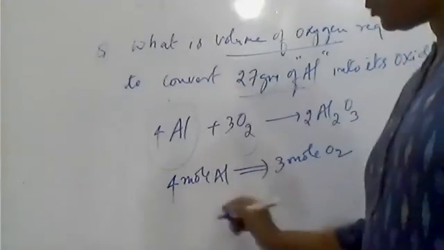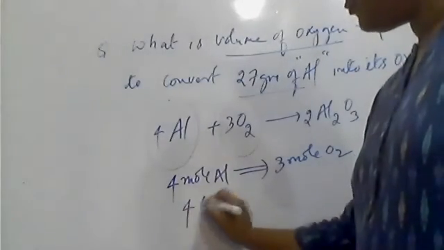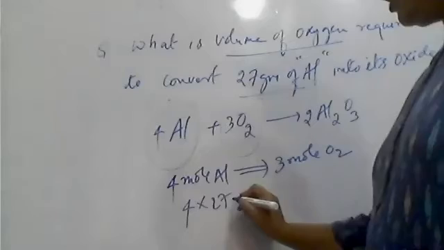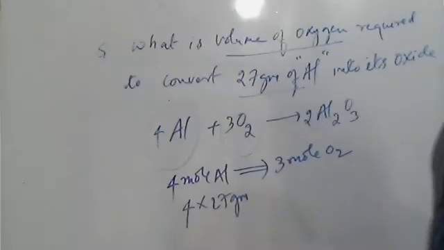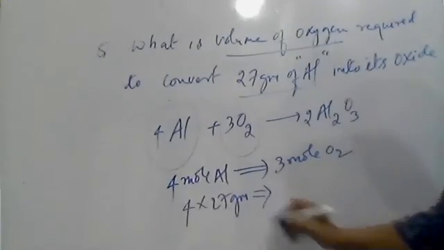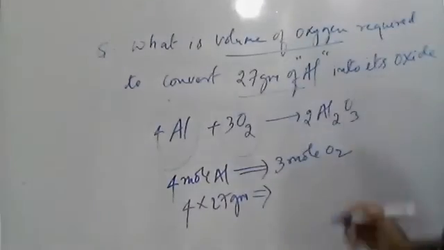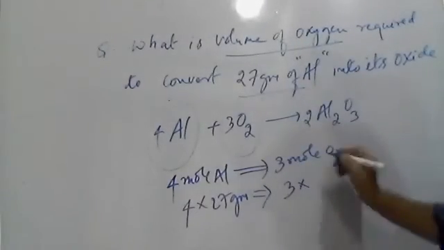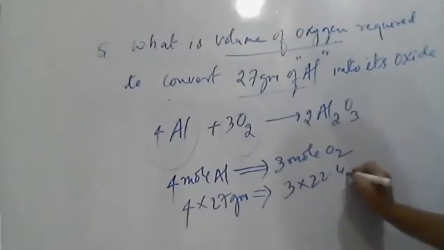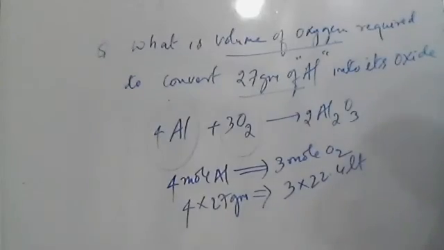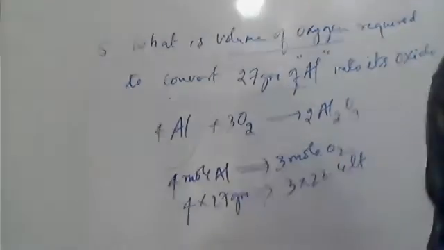So what is the weight of 4 moles of aluminium? 4 into its atomic weight. 4 into 27 grams of aluminium consumes how much O2? And express the volume now, because it is asked in volume. 3 into 22.4 liters, because 1 mole is 22.4 liters. Okay. So it is from the equation. And in the question, what is asked?